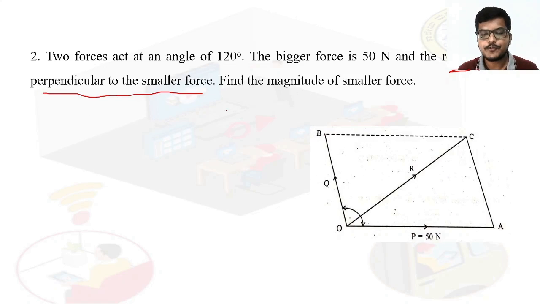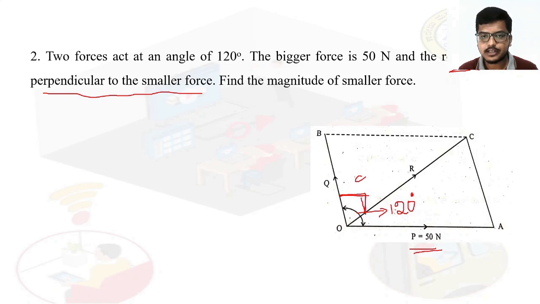Here, two forces act at an angle of 120 degree. The bigger force is 50 Newton, and they have given that R is perpendicular to the smaller force. Which is the smaller force? This one, P, is the smaller force.